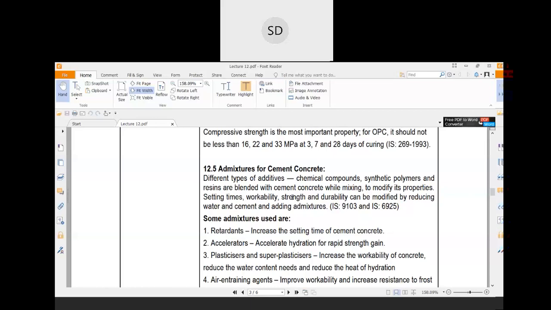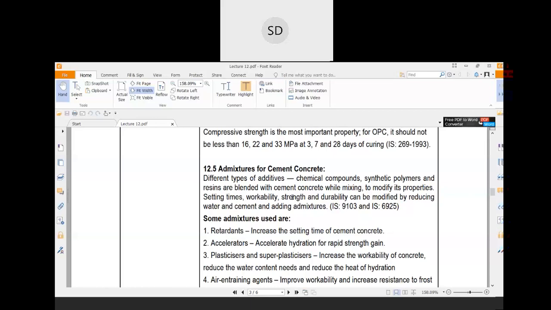In the particular case I have just described, you add some admixtures to the cement concrete mix so as to increase the workability while maintaining a minimum water cement ratio.